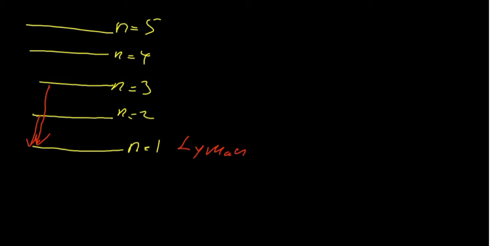So we don't care where it is coming from, whether it is coming from n is equal to 5 or wheresoever, as long as it has reached the first energy level, that is the Lyman series. When it drops to the second energy level, regardless from where it is coming from, that is called the Balmer series.